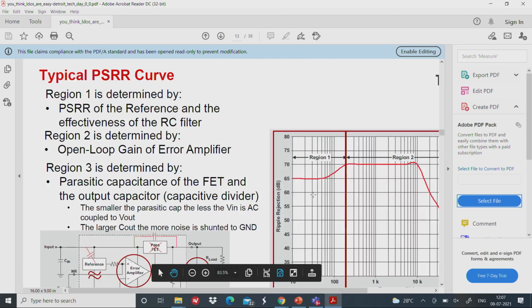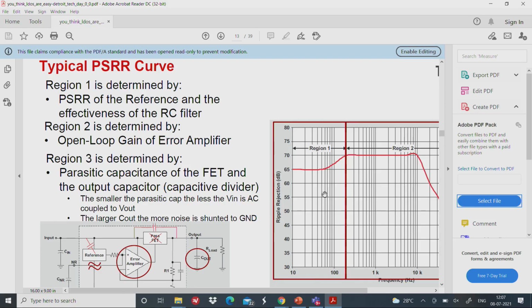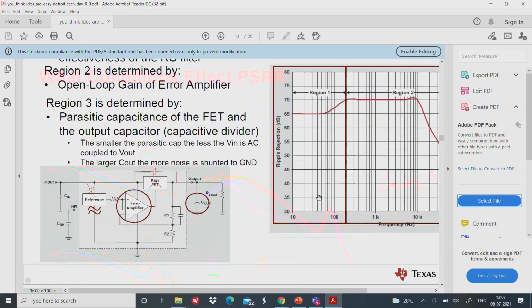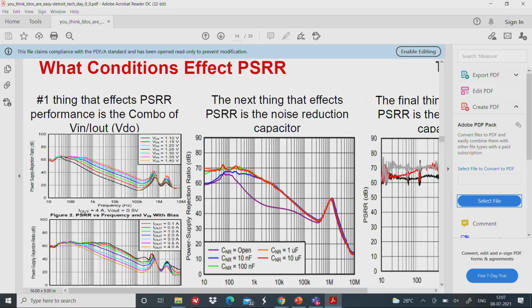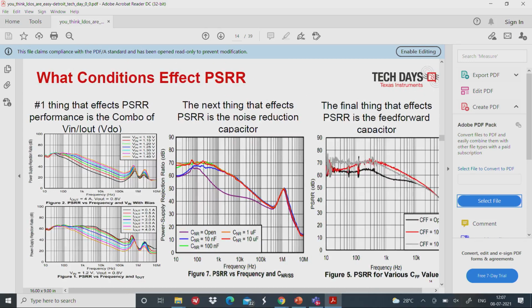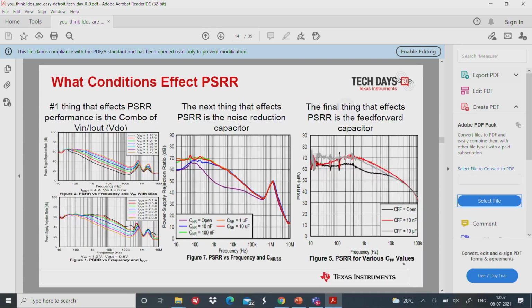Then these are the regions of the PSRR which he talks about, region 1, region 2 and region 3. In region 2, the effectiveness of the open loop gain of the error amplifier, which is so important in its ability to keep the output voltage at the right point, is also mentioned. Then this picture goes on to talk about what are the conditions that affect PSRR.